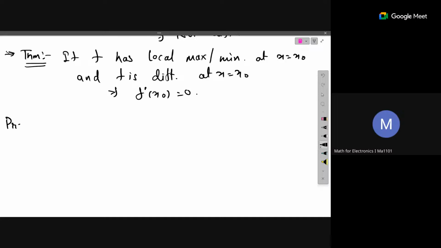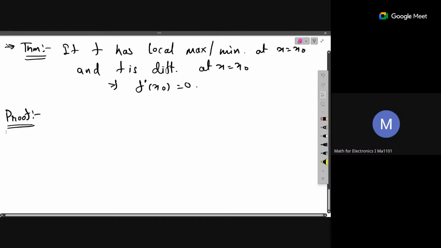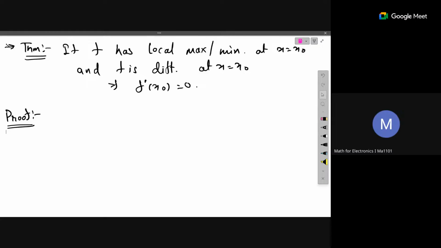So one proof we saw using the geometry of that function. Now we will observe the left-hand derivative and right-hand derivative behavior at the point x equals x naught, because we know that it is differentiable. So the left-hand derivative should be equal to the right-hand derivative. Okay. So now let's see what the left-hand derivative at x equals x naught is. It is given by this quantity, right?